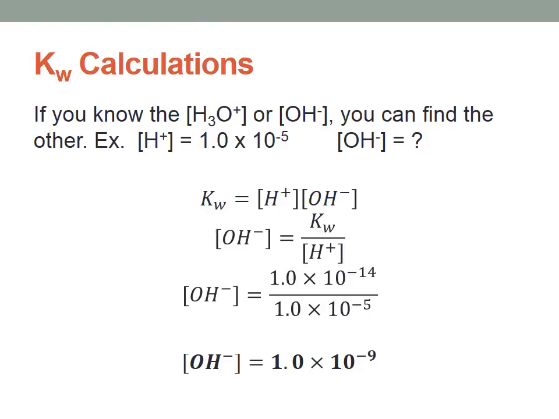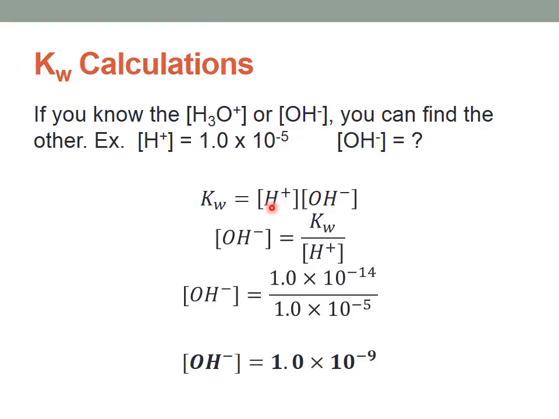Now, our Kw calculations. If I know the hydronium ion concentration or the hydroxide ion concentration, we can find the other. For example, we're given the hydrogen ion concentration and we're asked to find the hydroxide ion concentration. So we use the relationship between our hydrogen ion and our hydroxide ion concentration. We know that the product of these two gives us Kw, and we know Kw is 1.0 by 10 to the minus 14.